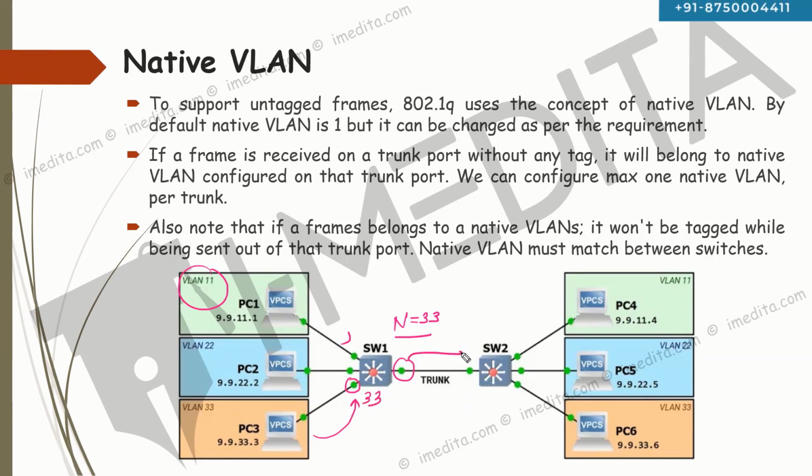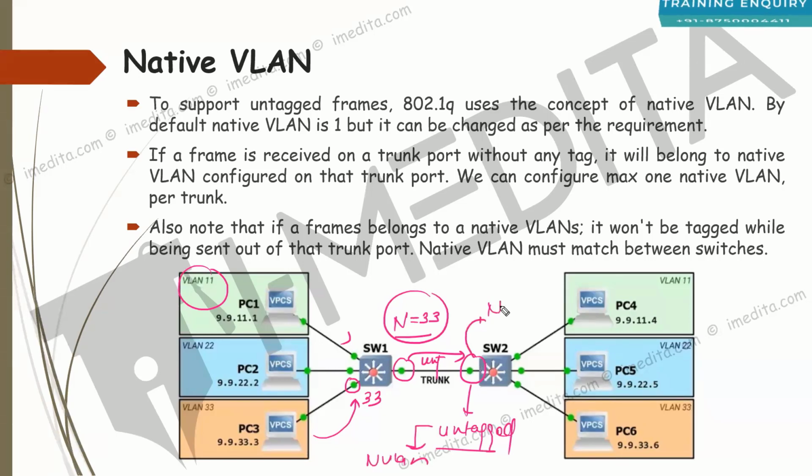When the data is passed out of the trunk link, since the native VLAN is the same, data is not going to be tagged. And when the data is received onto this particular port, that untagged frame will belong to the native VLAN. What is the native VLAN configured here as well? VLAN 33 is also configured as the native VLAN. So the data will go to the VLAN 33 user.